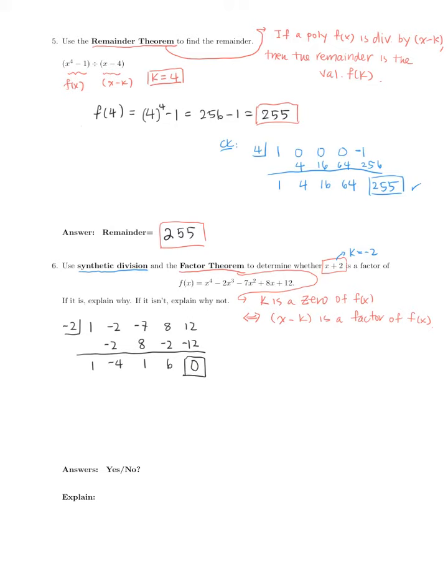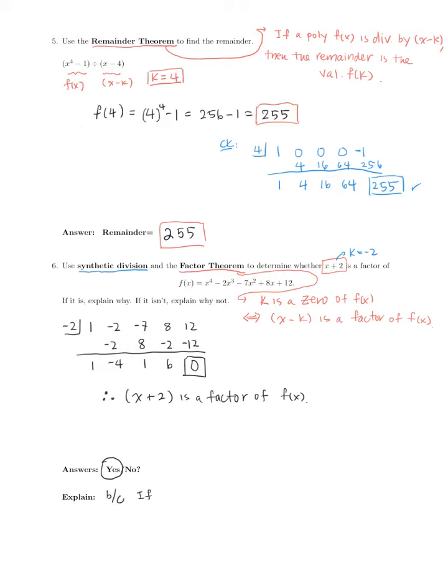All right, so therefore, according to the theorem, x plus 2 is a factor of f of x. All right, so let me see. Answer, yes or no? Yes, it is a factor. Now, explain.